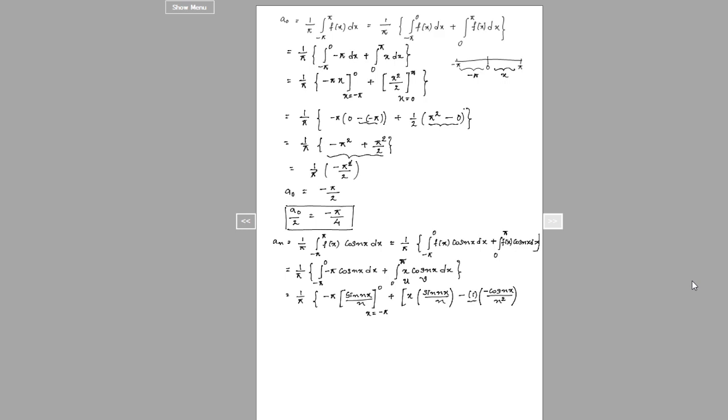Next differentiation of 1 is 0, so we can stop at this stage. So x runs from 0 to pi.